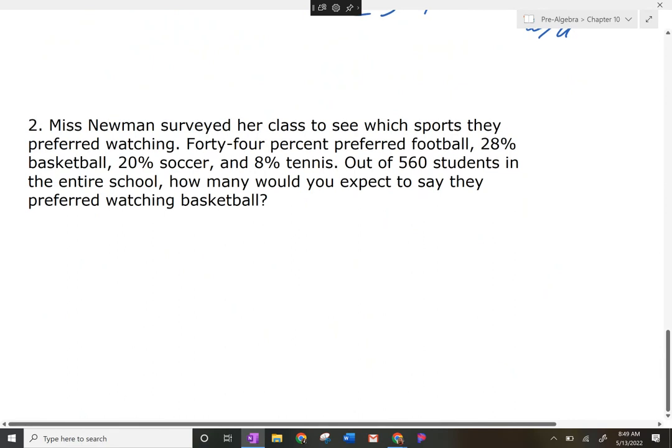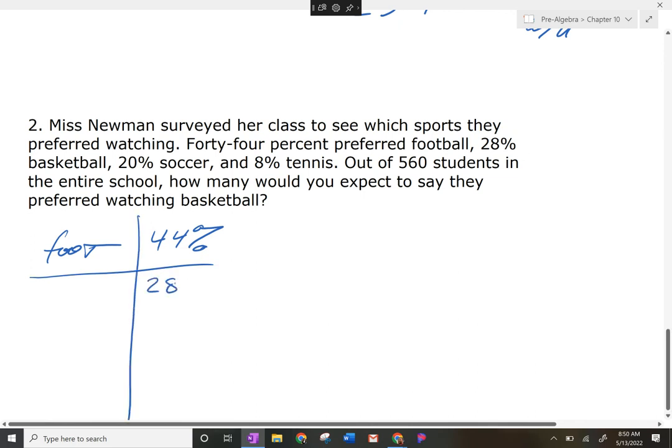This last one I'm going to do real quick. The good news is they already put this thing together. I'm going to write the numbers. It says 44% preferred football. So again, if they give you this data, we can make our own chart. It said 28% had basketball.